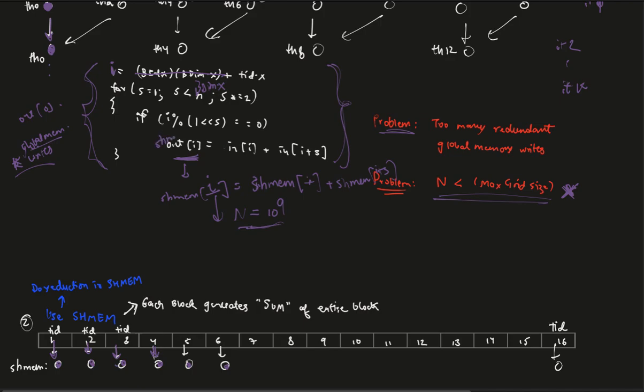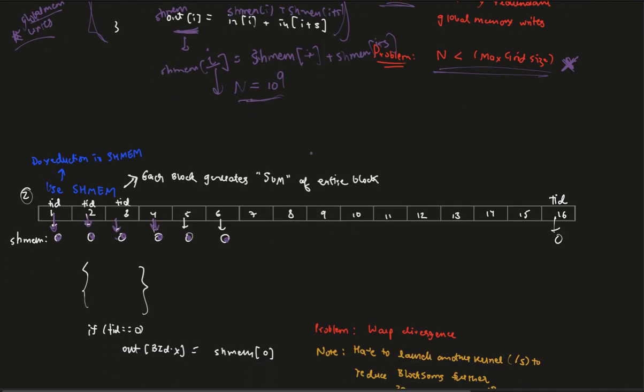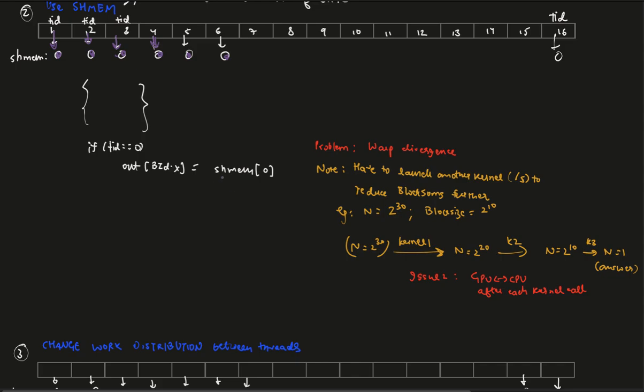Basically this is shared memory, and so first i is threadIdx.x, and then we load. So shared memory of i is equal to in of global, that is blockIdx.x * blockDim.x + threadIdx.x. So it loads the global data into shared memory, and then in this implementation we use shared memory of i is equal to shared memory of i plus shared memory of i plus s.